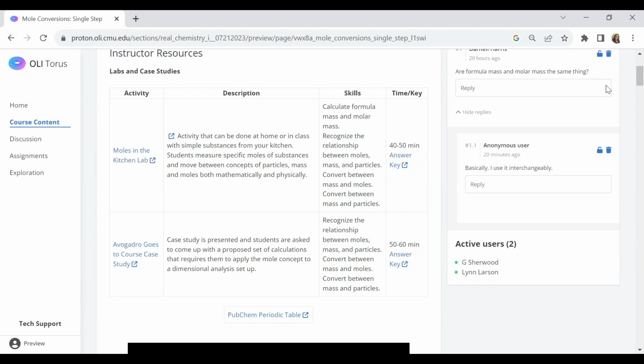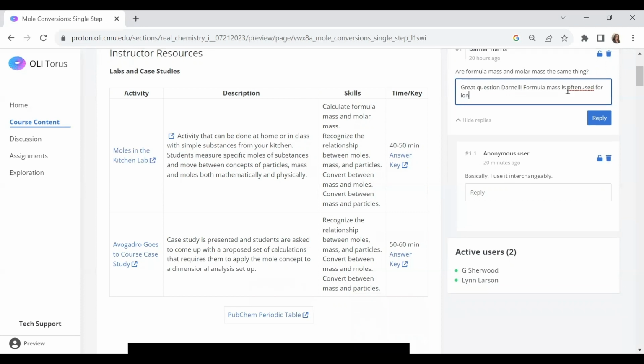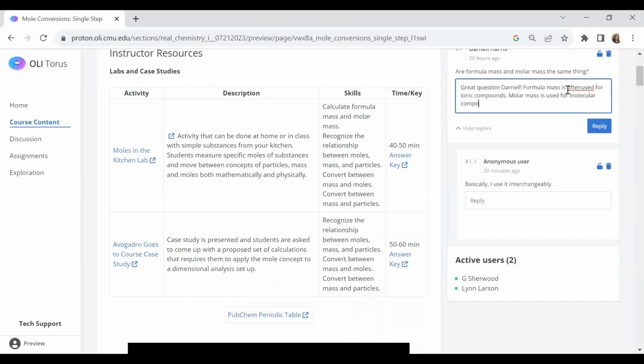I better answer them. Great question, Darnell. Formula mass is often used for ionic compounds. Molar mass is used for molecular compounds.